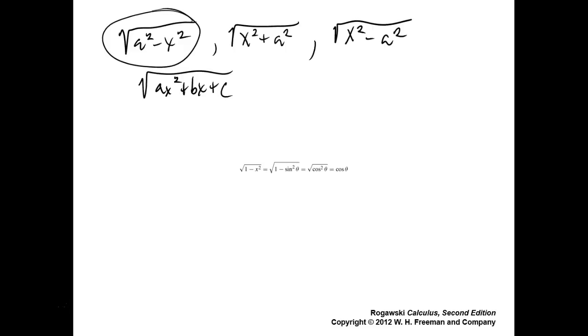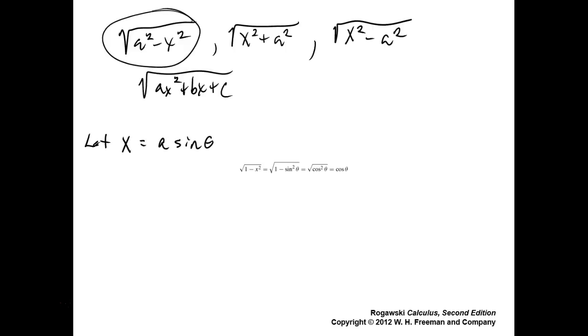We see the form, and we say that looks like a sine or a cosine form, so therefore, let's assume, and it's doing the substitution sort of backwards. We'll let x, rather than let u be something that refers to x, we're going to let x equal, and since you have an a here rather than a 1, then you put a times sine theta. That's going to be our substitution.